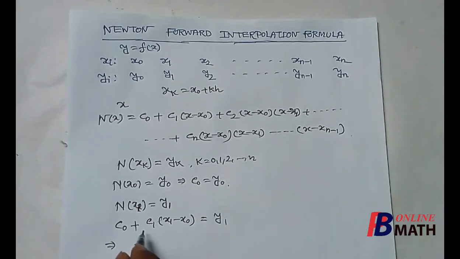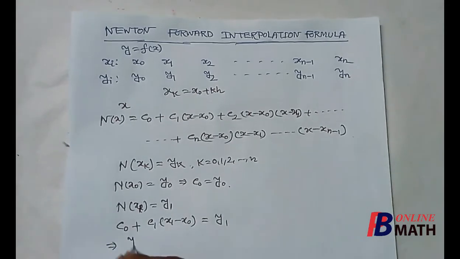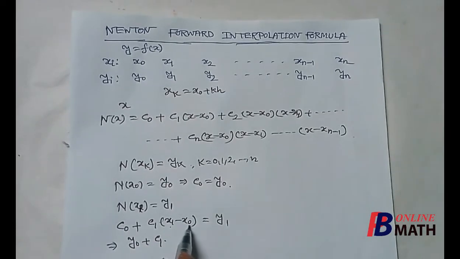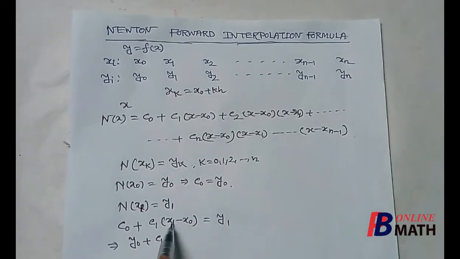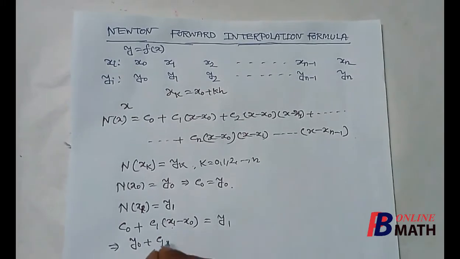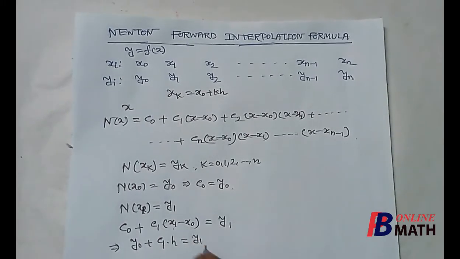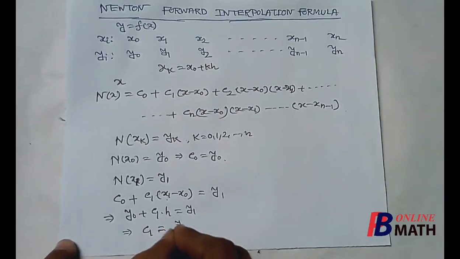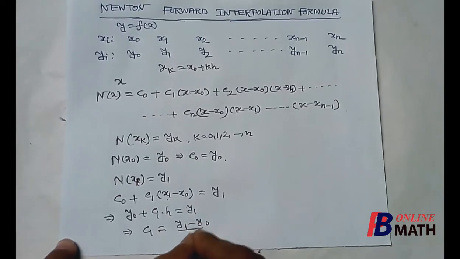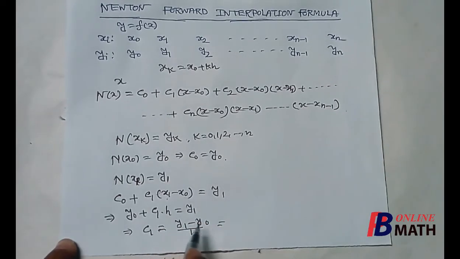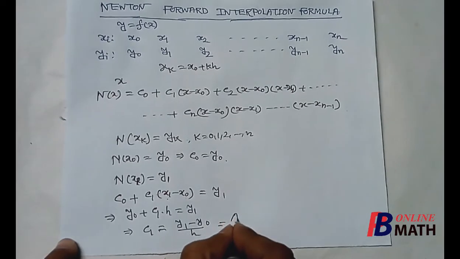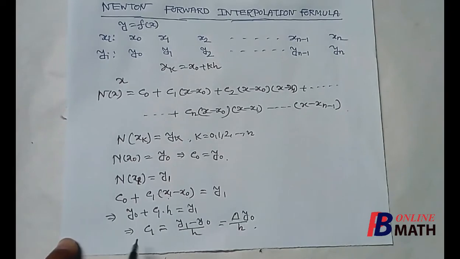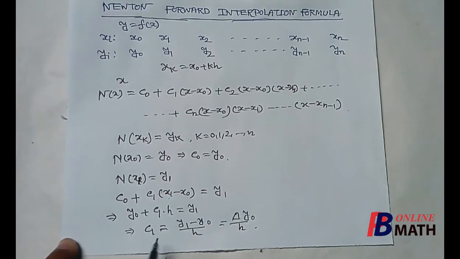We have already obtained that c0 is y0, plus c1 into (x1 minus x0). The distance between any two consecutive points is h, so it is h, equal to y1. So that means c1 equals (y1 minus y0) by h. Now y1 minus y0 can be written as the forward difference of y0, delta y0, by h. So we have obtained the value of c1.